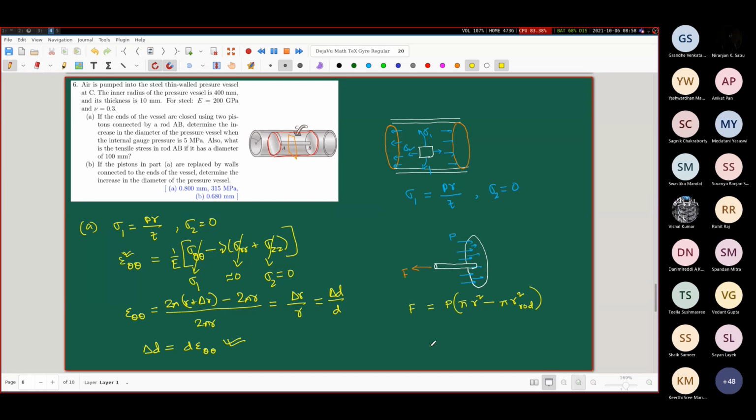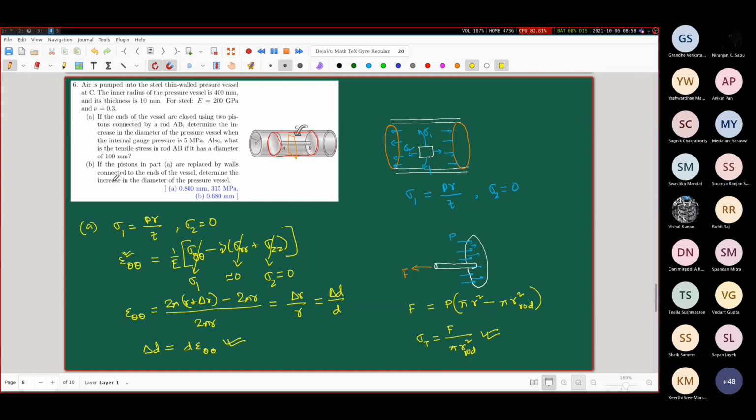And from F you can obtain the tensile stress. So sigma tensile is equal to F divided by pi r rod square. That's it. You know all the dimensions, all the values here. You can find F, and then you can find sigma T. That's it.